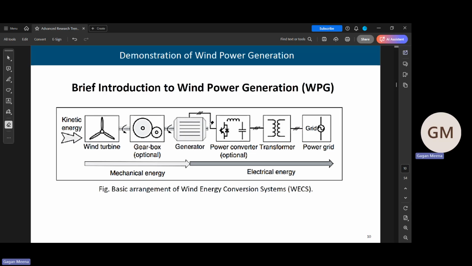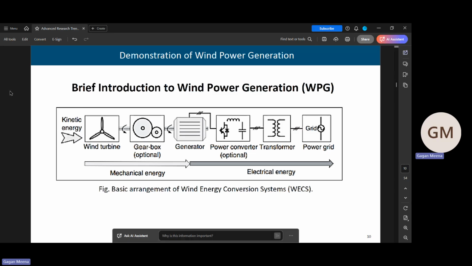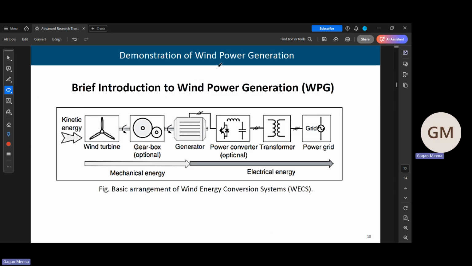After the wind turbine, we have the gearbox, and then after the gearbox, we have this generator here.